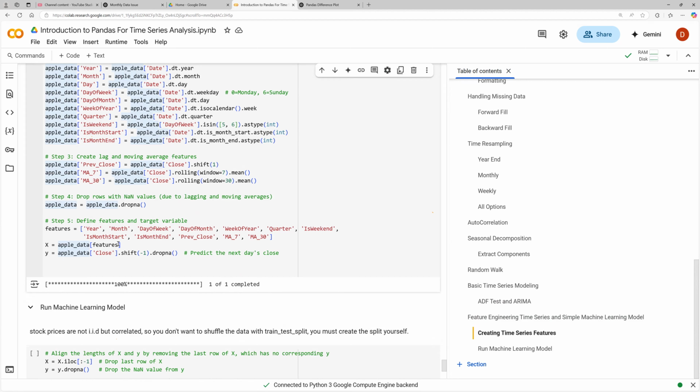So here we basically get the features, and then we take the close, a backward shift, because we want that to be predictive of the forward target variable, right? So t minus one should be predictive of yt. That's kind of what I'm trying to get at, that idea.